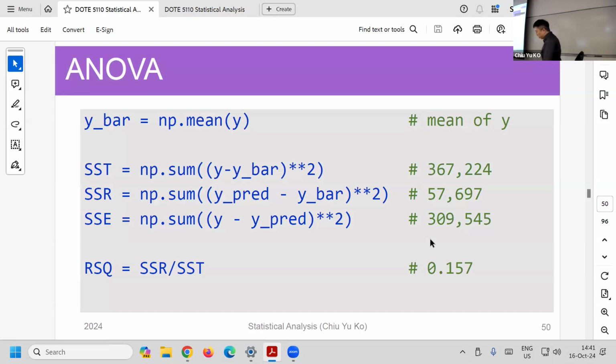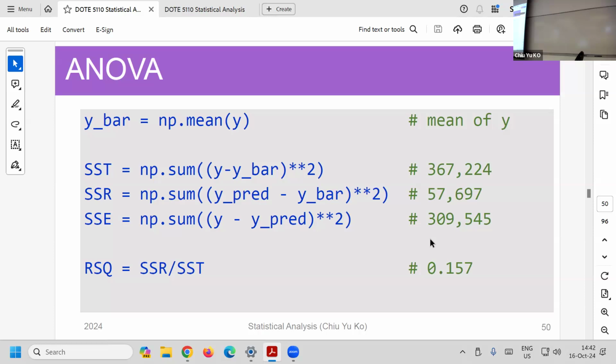And this slide, I think I omitted in the previous class, but it should be there. My slide was not updated, but now it's updated. So how can you do it from scratch? There's a formula you can calculate directly, but you can also do the calculation: look at the mean of y, and calculate the data minus y bar, then square it, and sum them.